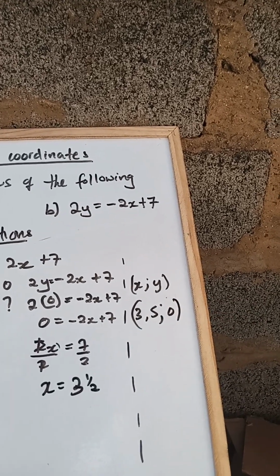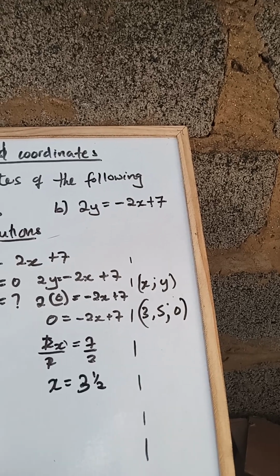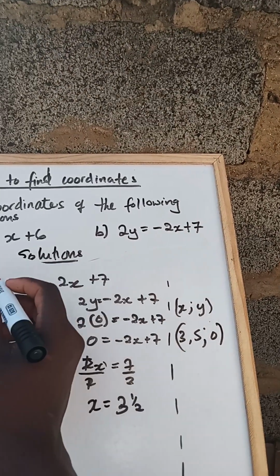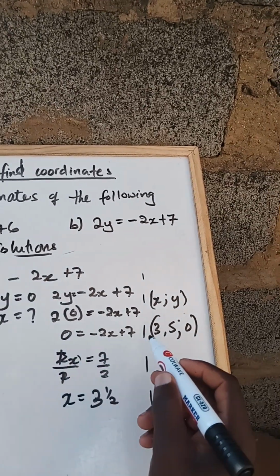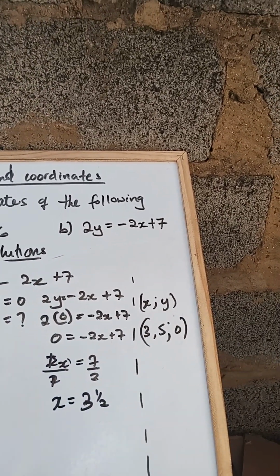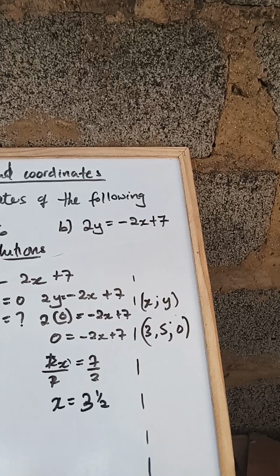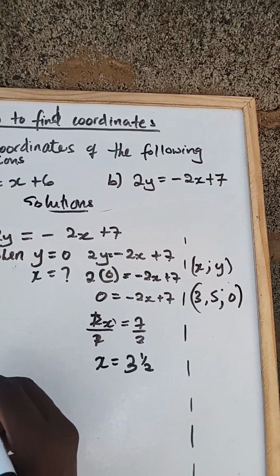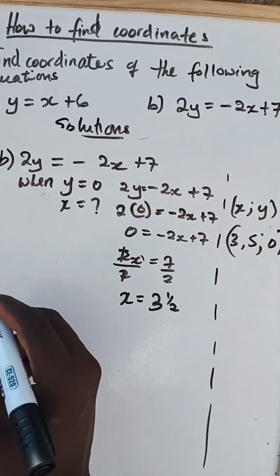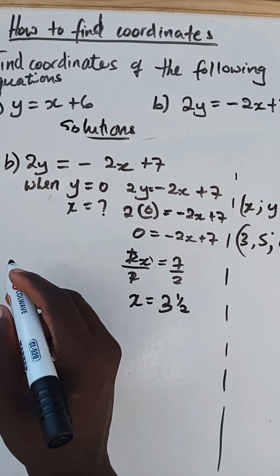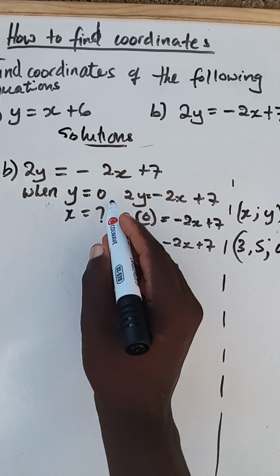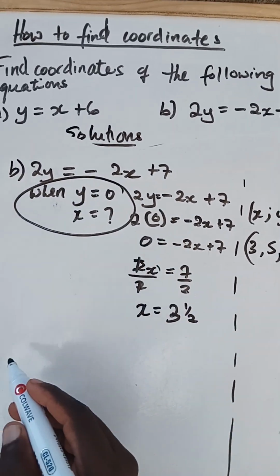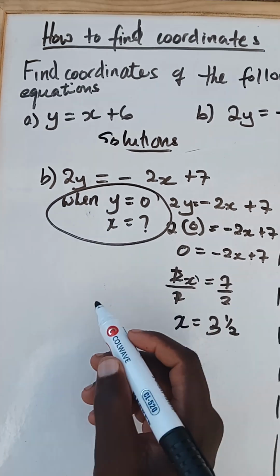Let us look at the other part of this equation. We want to locate the second point at which our line is going to cut the axis. At this point, we need to do the vice versa of this.